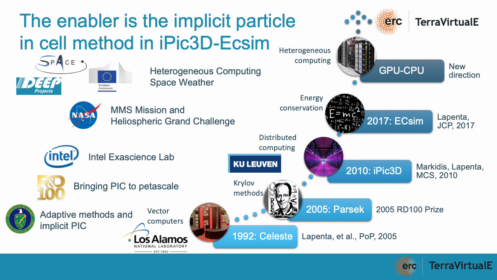The latest development is that now this method uses an energy conserving technique that allows to do simulations with larger time step and more accuracy. The latest development is the use of CPUs and GPUs to make this more efficient in terms of computation.